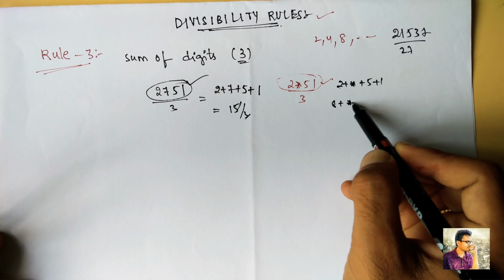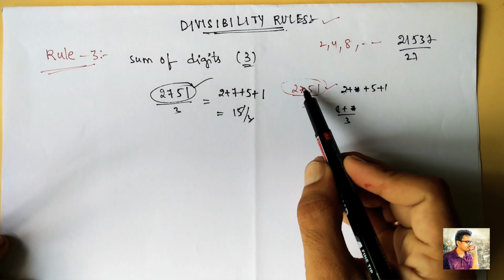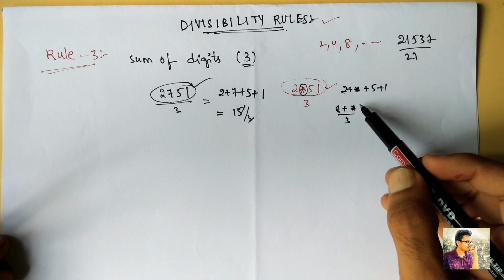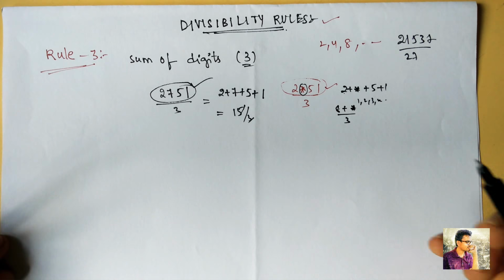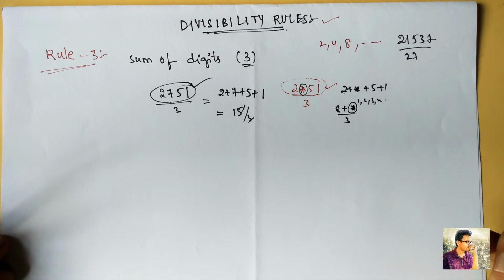So 8 plus some unknown value should be divisible by 3. Since it is a single digit, assign each and every digit for the star, that is 1, 2, 3, 4, 5, 6, 7, and so on. There might be different possible cases for star for the number to be divisible by 3.